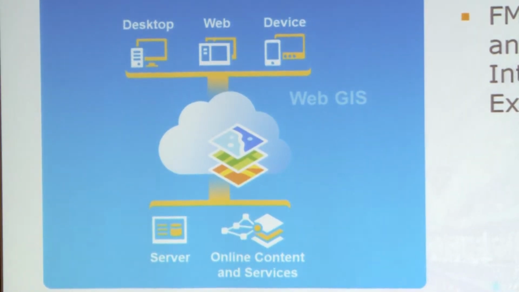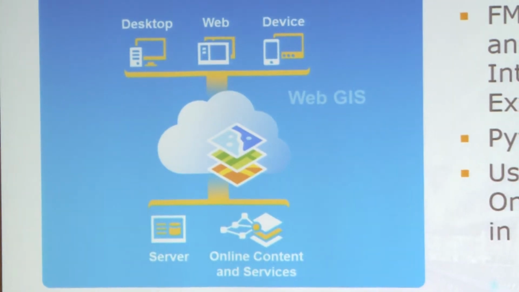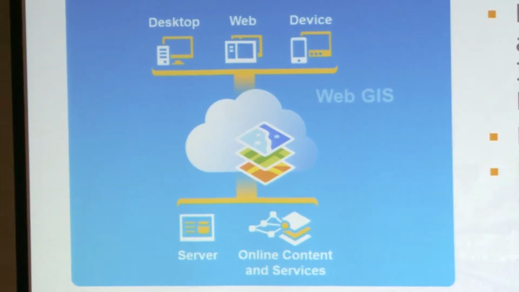We have the FME extension and the data interoperability extension. And of course, there's another way to combine ArcGIS and FME. It's through Python. And with the new ArcGIS Online platform, with the new ArcGIS Online Services, you can make use of them within FME.